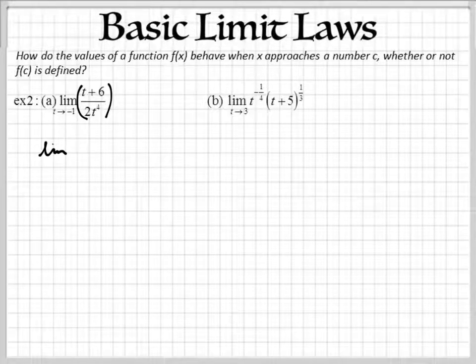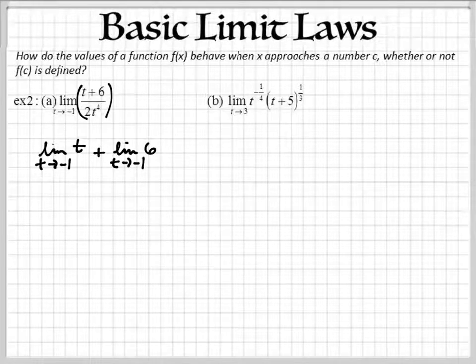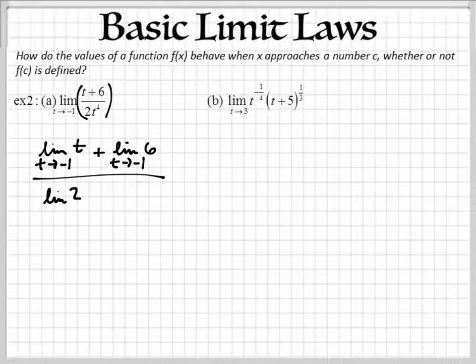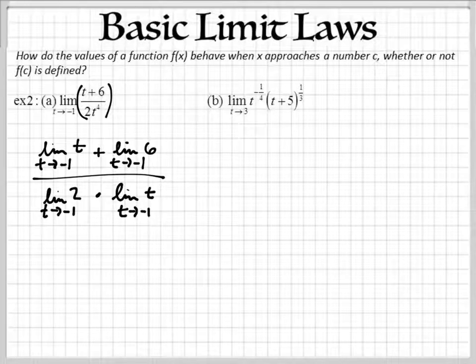The limit of t as t approaches -1, and then we add the limit of 6 as t approaches -1, divided by the limit of 2 as t approaches -1 times the limit of t as t approaches -1, but we have to raise that to the 4th.